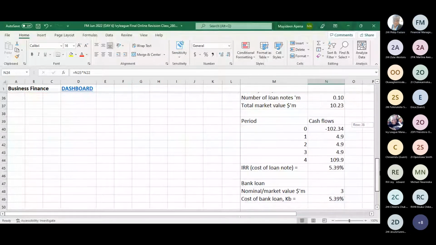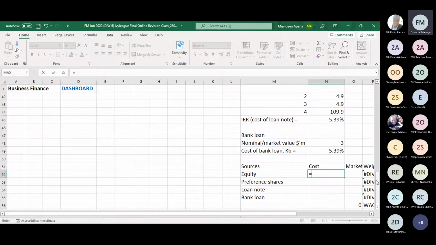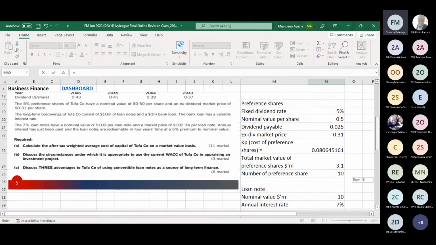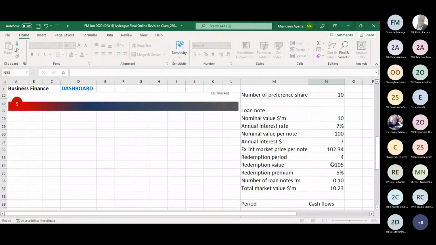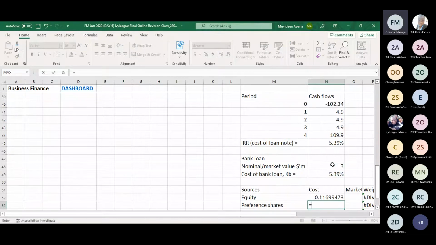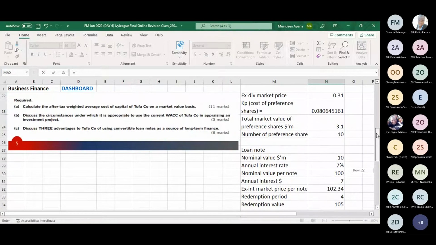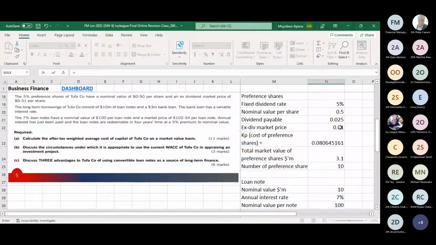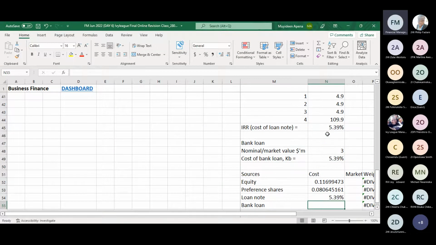All right. So equity, cost of equity we calculated. Let's put them in the table so that the formula can respond. For preference shares, we calculated this. For loan notes, 5.9. Same for bank loan.